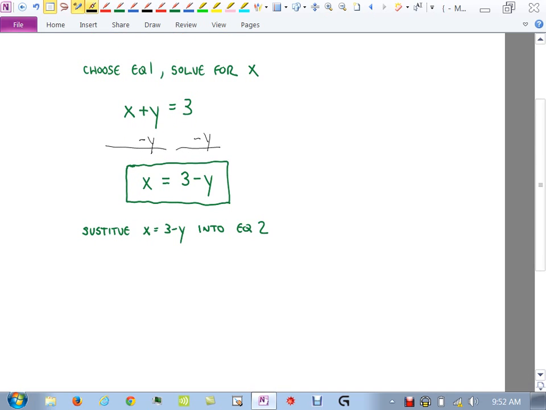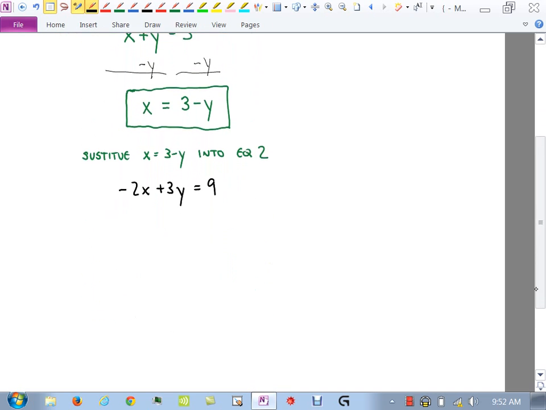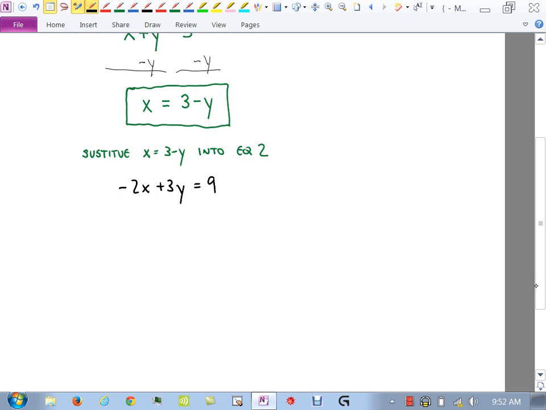So let me go ahead and write out the second equation, which was what was it? Negative 2x plus 3y equals 9? Is that what it was? I don't remember at all writing that. Okay, so there's my second equation, right?